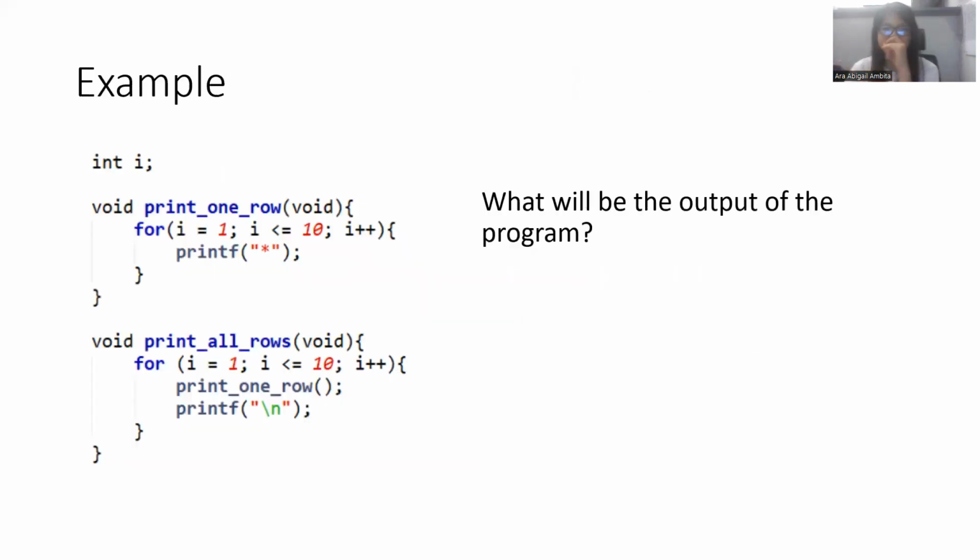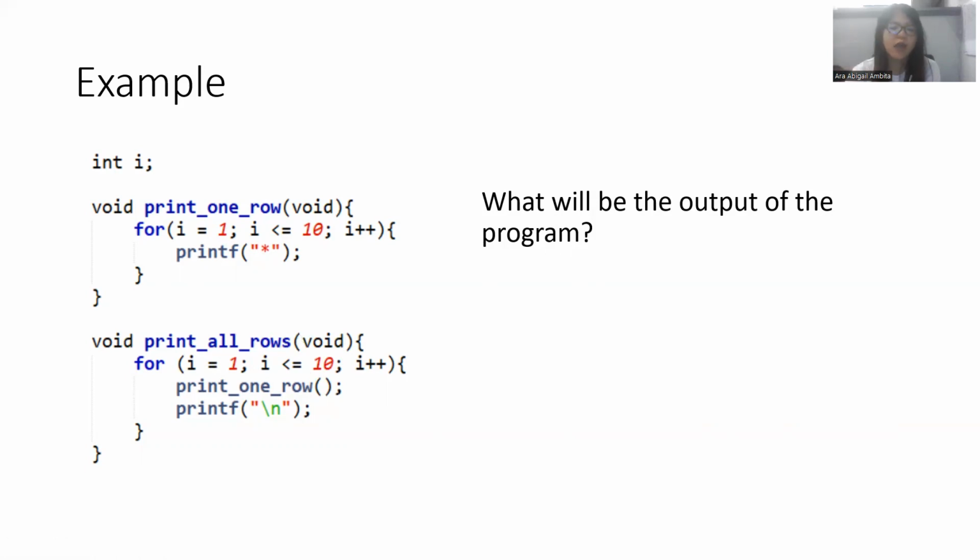Okay? So, also, here's an example of the dangers of using a global na variable. So let's say we have two functions, print one row and print all rows. The purpose of print all rows is to print a 10 by 10 na asterisk.